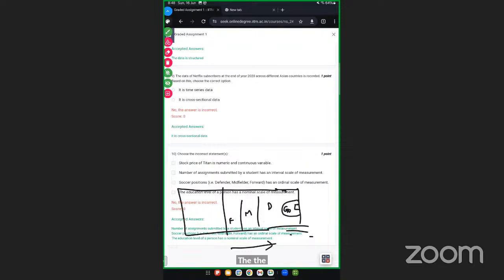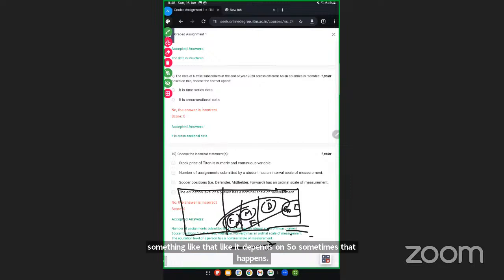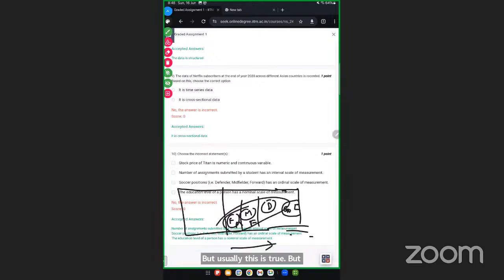Sometimes they interchange, with the midfielder coming forward and forwards dropping behind, depending on the manager's strategy. Sometimes that happens, but usually this is true. But I'm not sure, I can't say much about this.